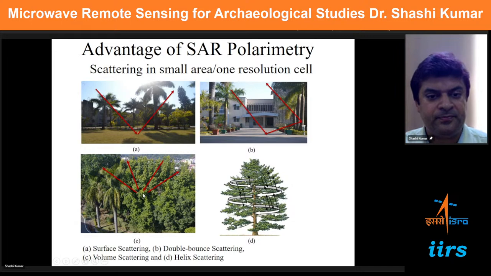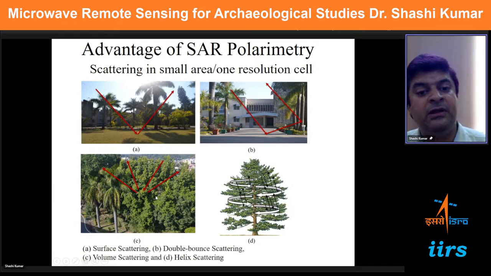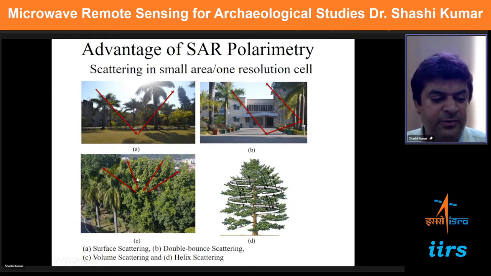And this is volumetric scattering, either due to subsurface penetration, if there are multiple kinds of objects, or if there is a vegetation canopy, that is going to contribute to the volumetric scattering, because the entire volume of the object is going to contribute to the scattering, so that this volumetric scattering will be high.